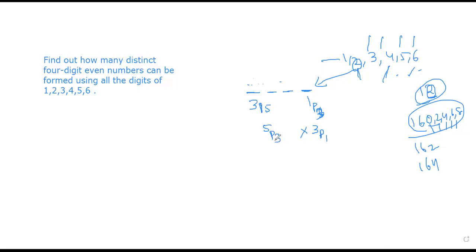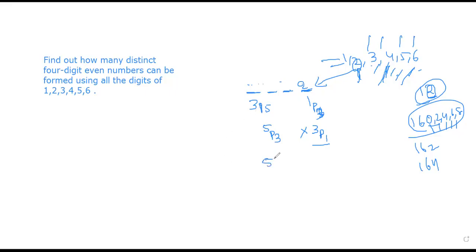Okay, students, very important. The unit digit must be an even number, 2, 4, 6. Unit digit has only one position. In this one position you need to fill three numbers, so you will write 1P3, but that equation will not be valid, so you convert it to 3P1. Remaining positions are three here. If 2 is filled here, the remaining are 1, 3, 4, 5, 6, five numbers, to be filled in three positions.